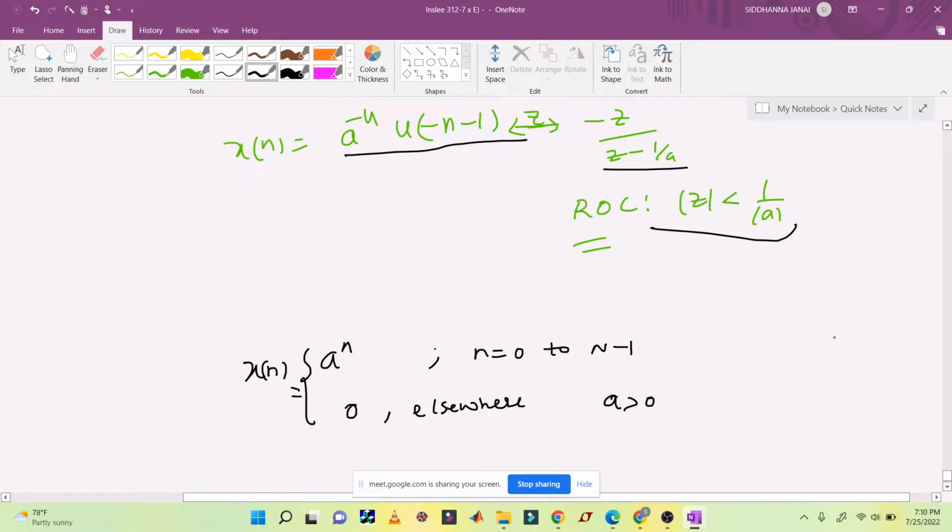For this problem, we need to find x of z. Today's problem number 1.